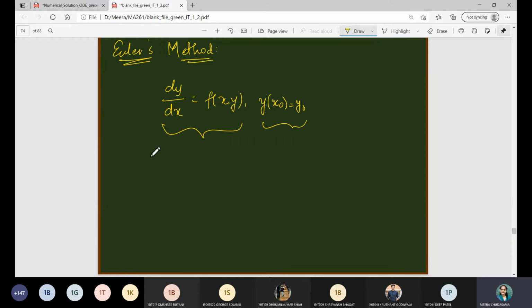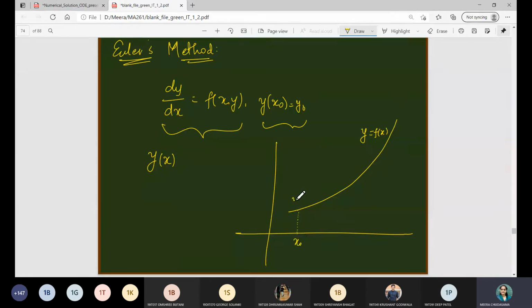Now let us assume that its solution is given by y of x, represented by the curve y equals f of x. The initial point is given, so this will be x0, and corresponding to it we have the y0 value on the y-axis.